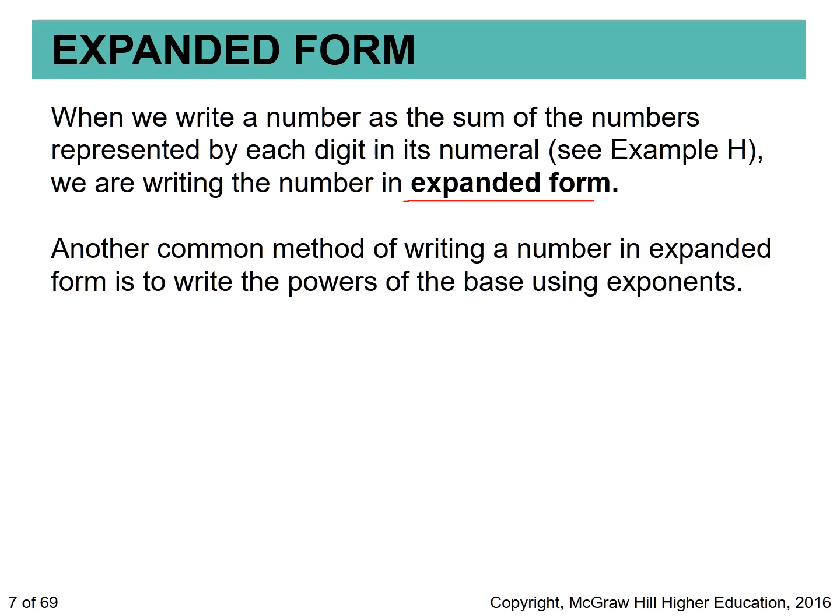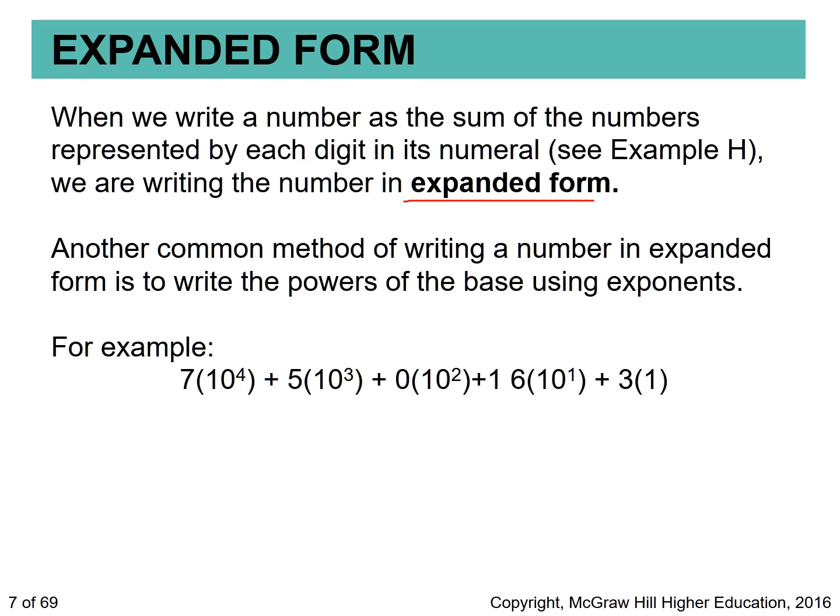But another common method is, instead of using each of those numbers, the long versions, we can use the powers. So these are all powers of 10. 10 to the 0 power. Well, anything to the 0 power is 1.